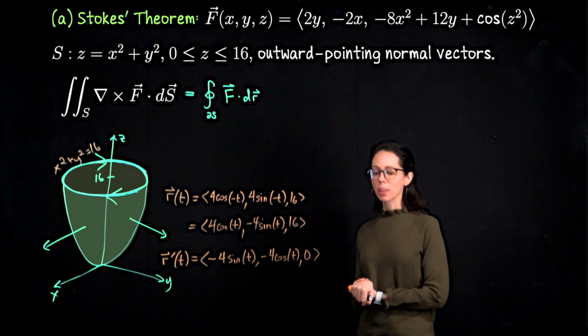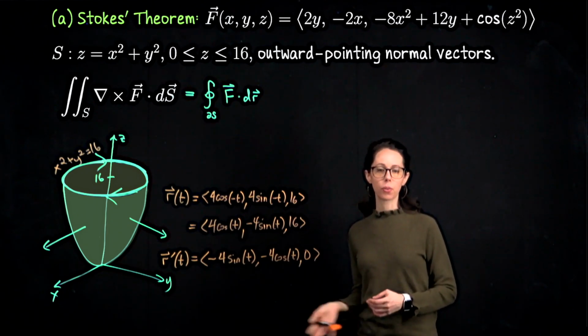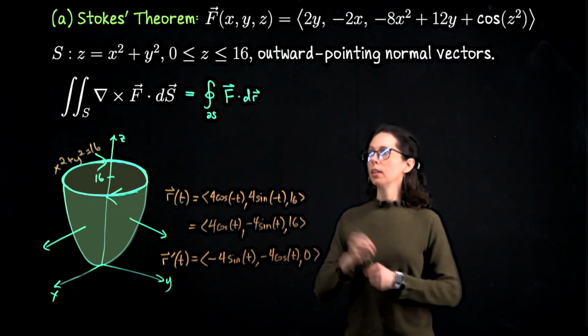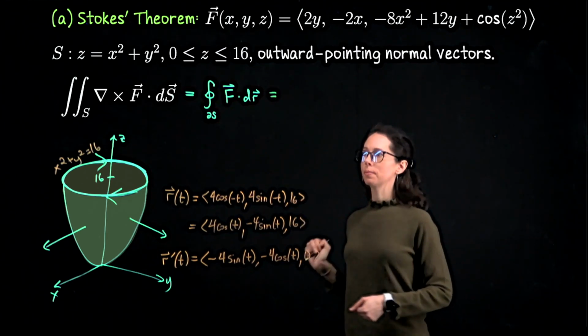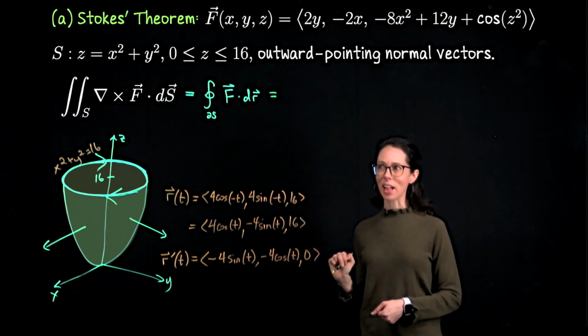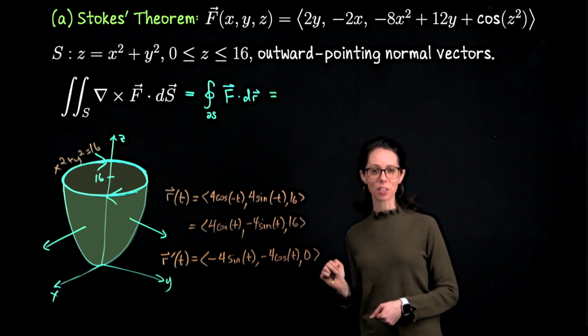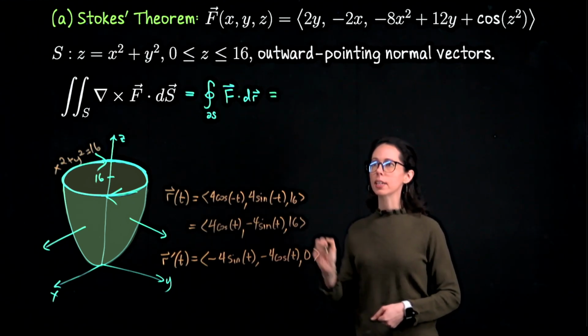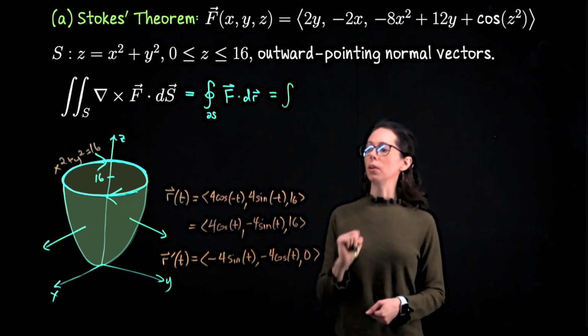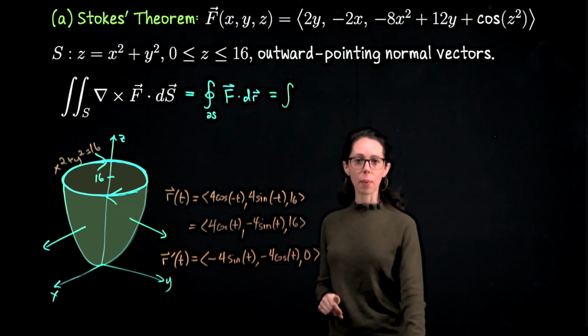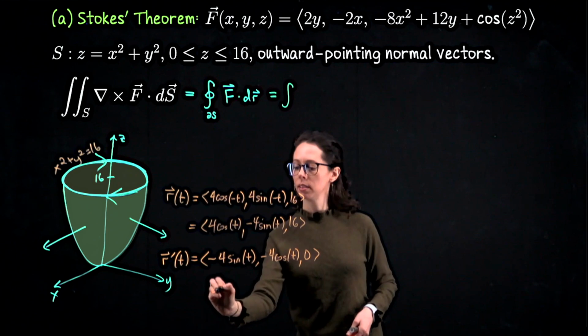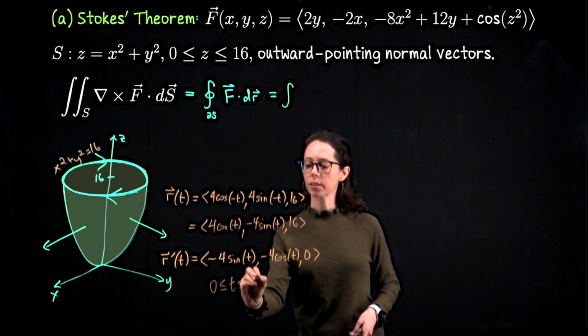Okay, let me actually write what we need to do before I start plugging in. All right, to evaluate the circulation of this vector field around this curve, we are going to now do an integral across the domain of the parameter t. I didn't write it down, but we're going one time around the circle.